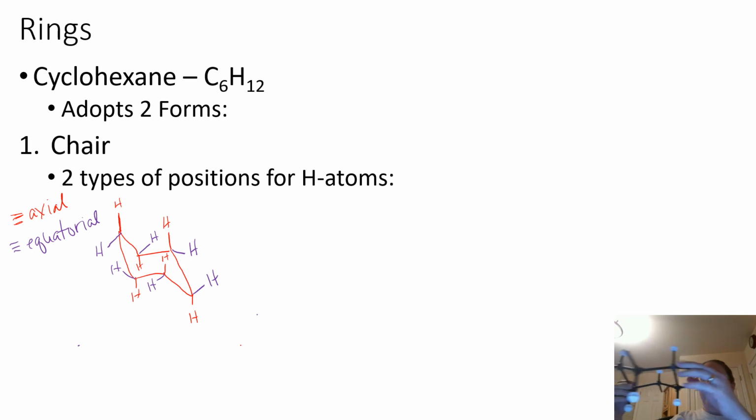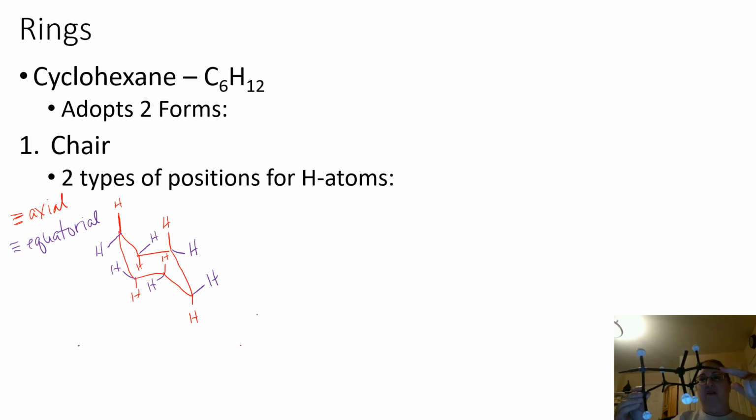Once again, if we look at the chair I have drawn here, I've got my 4 that are in the plane, I've got my 1 pointing up, and I've got my 1 pointing down. The ones that I have blocked off in white are all the axial positions. They are either pointing straight up or straight down, straight up, straight down, and it walks along our ring in that fashion.